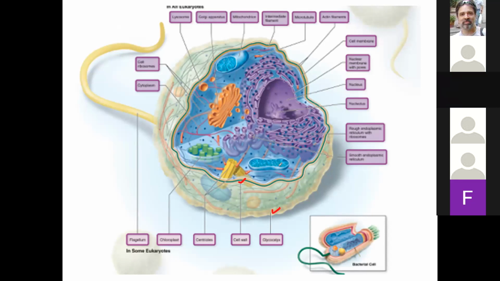You'll always have a plasma membrane, indicating that here. Yeah, cell membrane. Shame on that. They should indicate the plasma membrane. It's right there.